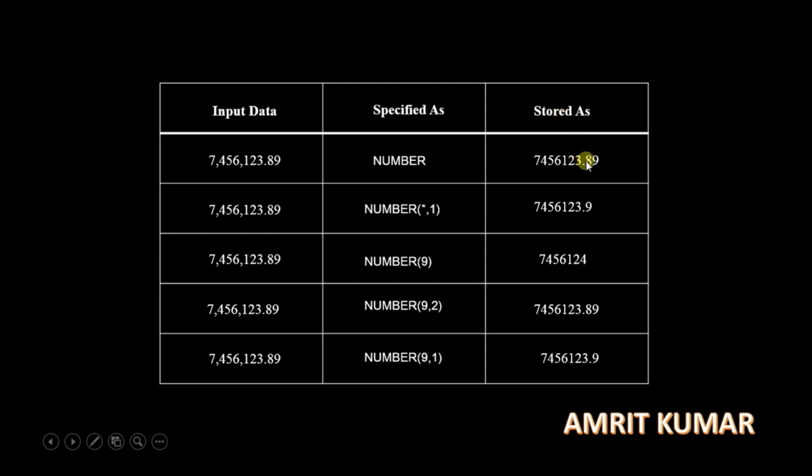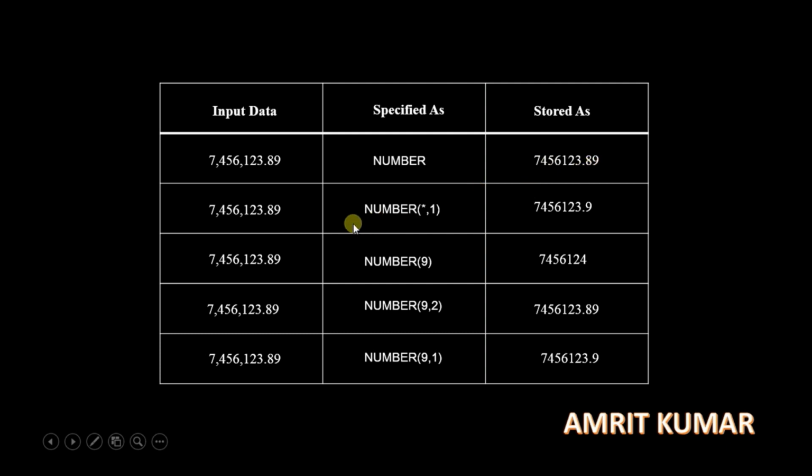It is stored as the input value, because we are using the simple number only. Here the input value is 7,452,123.89, which has a fractional part after the decimal point, so the number will be stored in the database with two digits after the point.